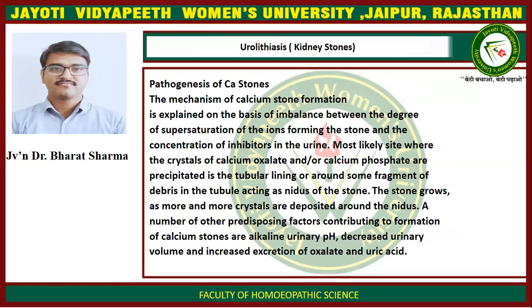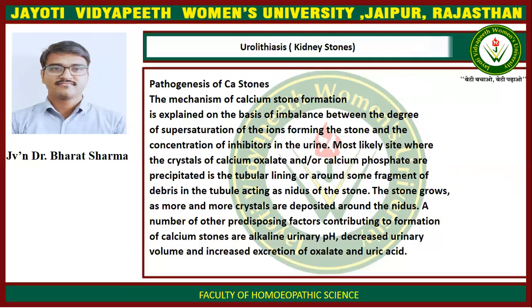Pathogenesis of calcium stones. The mechanism of calcium stone formation is explained on the basis of imbalance between the degree of supersaturation of the ions forming the stone and the concentration of inhibitors in the urine. Most likely, sites where the crystals of calcium oxalate and or calcium phosphate are precipitated is the tubular lining or around some fragments of debris in the tubule acting as nidus of the stone.